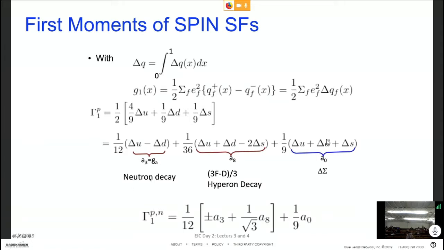So we can measure that from neutron decay. This came from hyperon decay, and this came from our experiment. So the left-hand side is what we measure using the extrapolation somewhat, and then the extrapolated first moment minus this part that came from other experiments gives you the total value of the spin carried by the quarks.